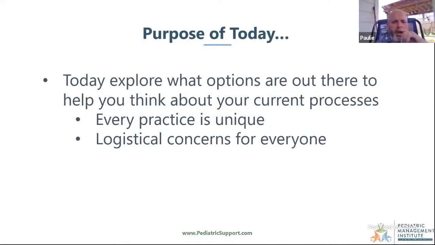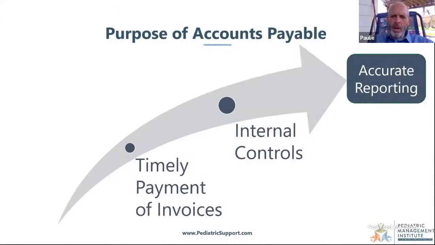Today, we're going to talk about what options are out there, really how you should be thinking about your accounts payable process. With PCC, you've got a really good solution for your billing and your electronic medical record, which is one silo of data, if you will, or two, your practice management data and your health records. But you also have the accounts payable, and trying to keep track of all that, which is important. And so we want to walk through some concerns that a lot of people have been looking at.